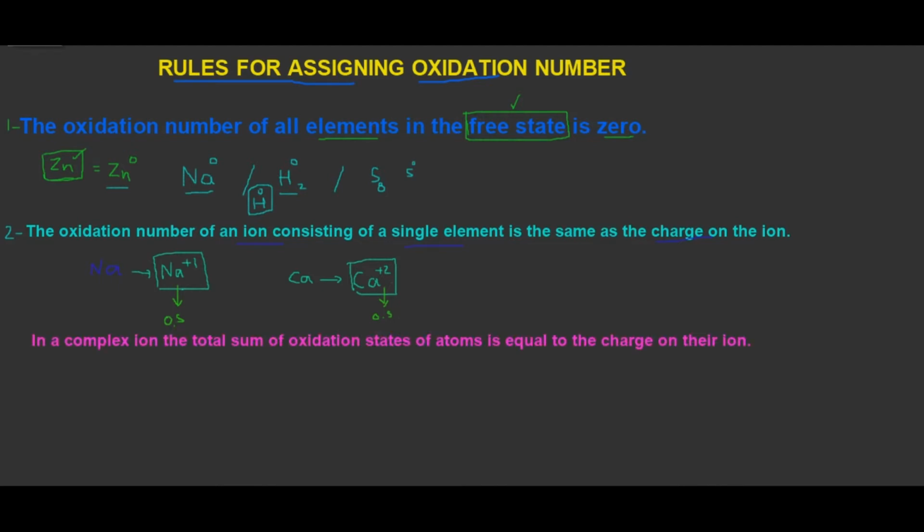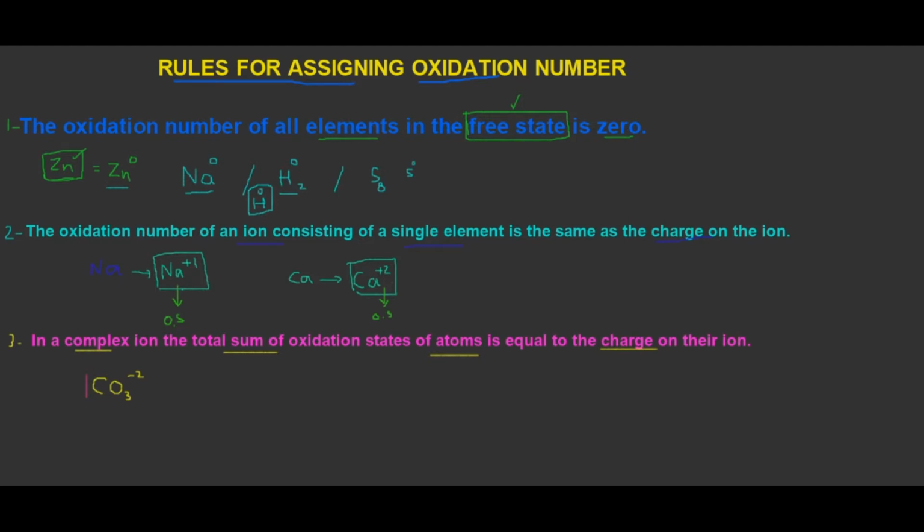Now we have the third rule, which is about the complex ion. In a complex ion, the total sum of the oxidation numbers of the atoms is equal to the charge on the ion. For example, if we take the carbonate ion, CO3 with negative 2 charge. This negative 2 charge is on the whole ion.